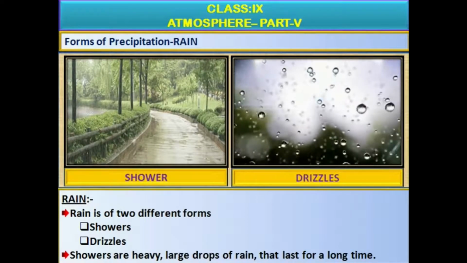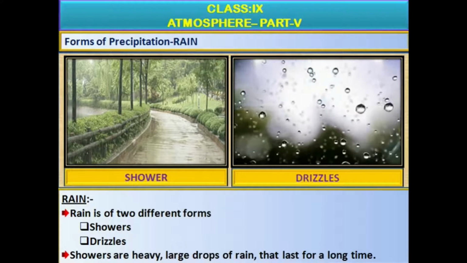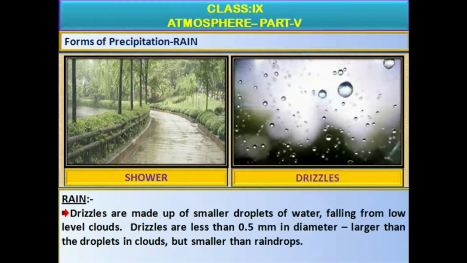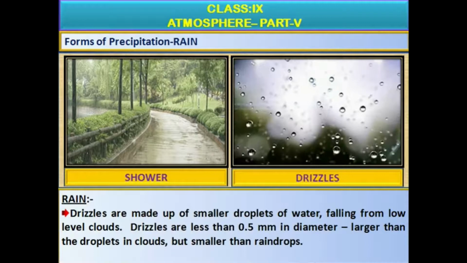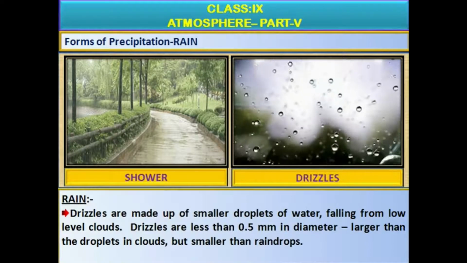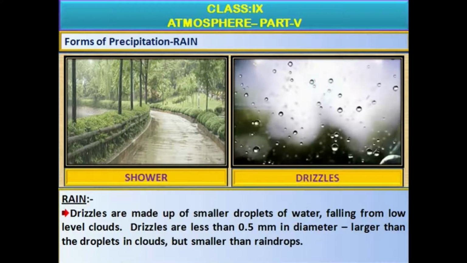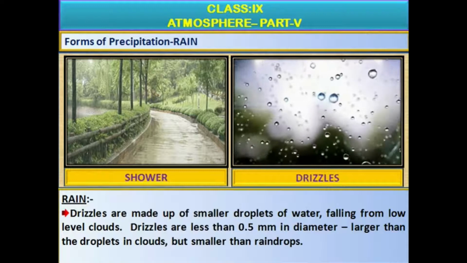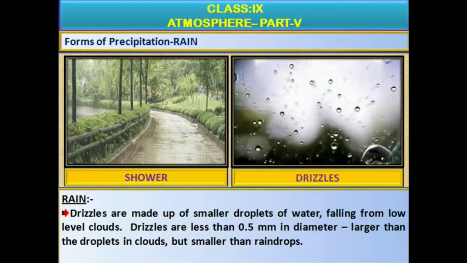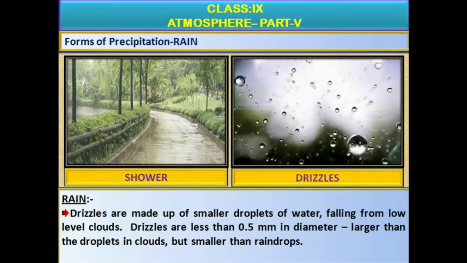Showers are heavy, large drops of rain that last for a long time. Drizzles are made up of smaller droplets of water falling from low-level clouds. Drizzles are less than 0.5 mm in diameter, larger than the droplets in clouds, but smaller than raindrops.